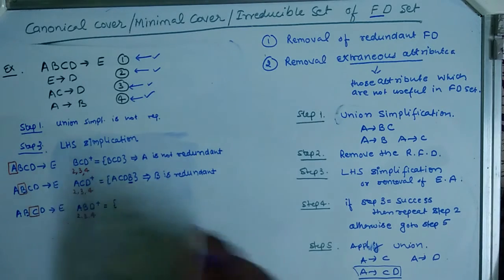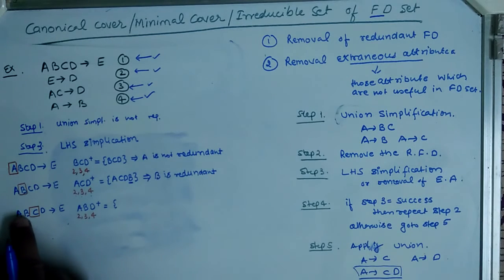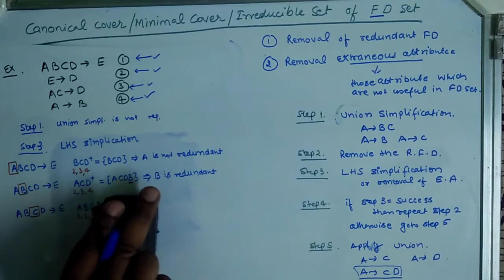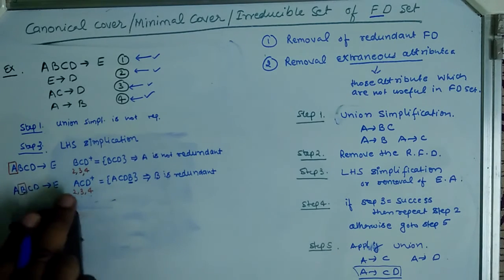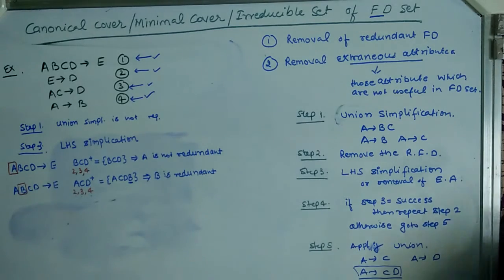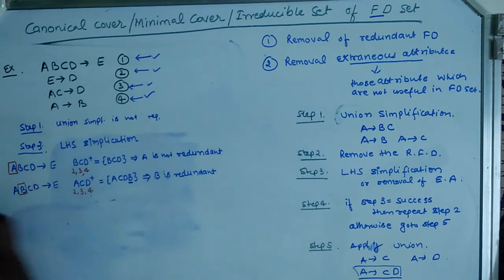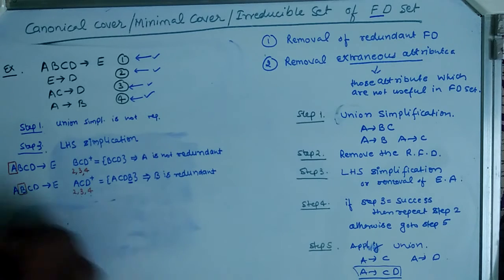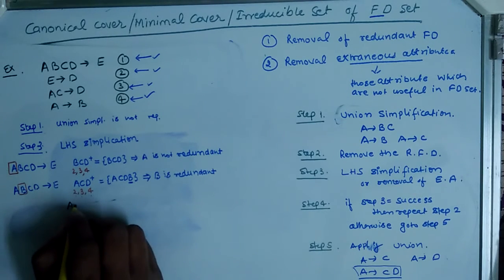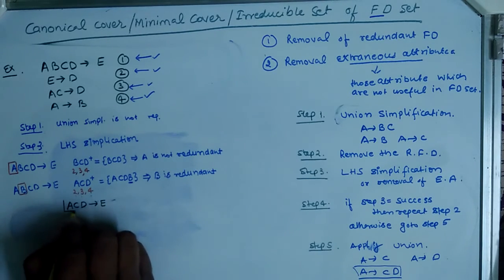Sorry, once any redundant attribute is found, it is actually unnecessary to keep the B attribute in order to calculate the further extraneous attributes. So after you find the redundant attribute, we need to remove it from the given functional dependency. Now the functional dependency reduces to the updated one, and we have ACD, which leads to E after this step.